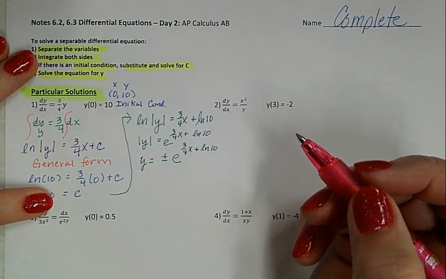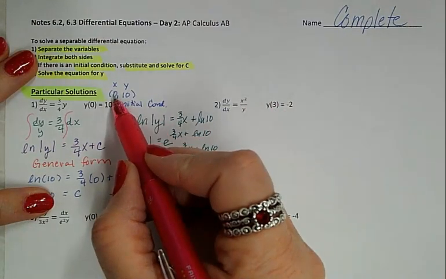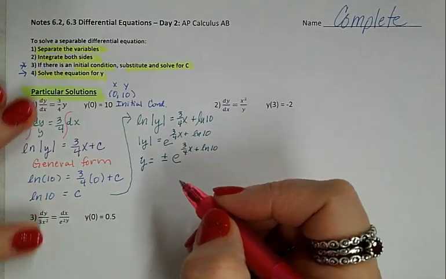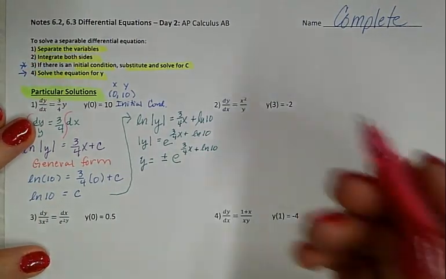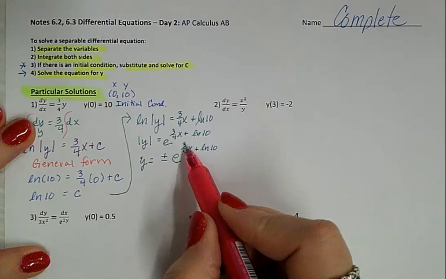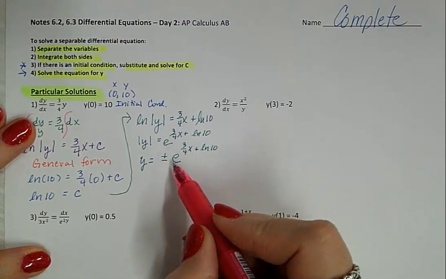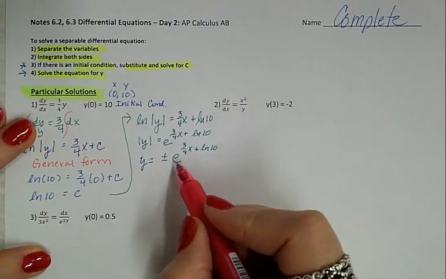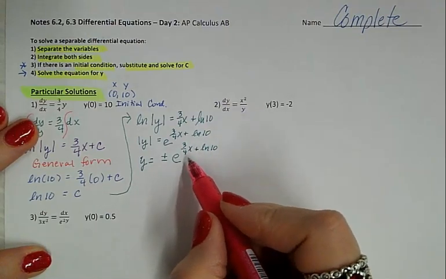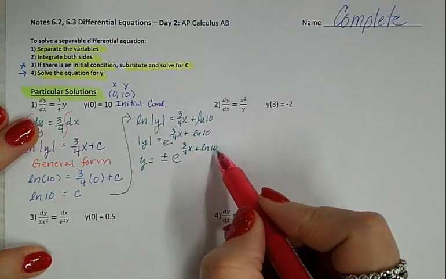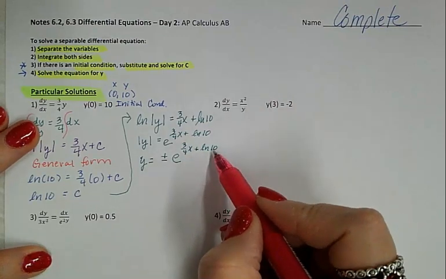So I'm going to plug in my x value to be 0, and I'm looking to see what's going to give me 10. So as I plug in, then I'm going to say 3/4 times 0, so that's 0, and e to the 0 in this case would be 1, but I also have this particular piece. And then I have the natural log of 10, so that's e to the natural log of 10.